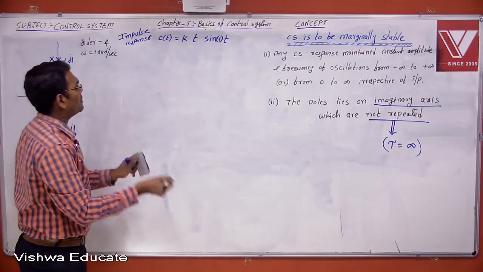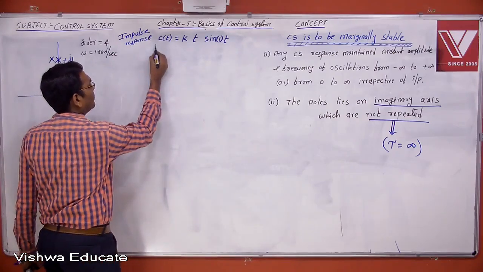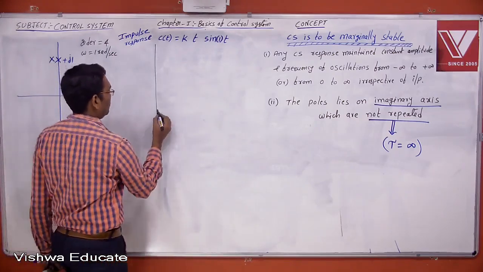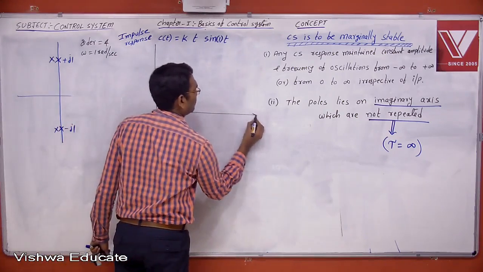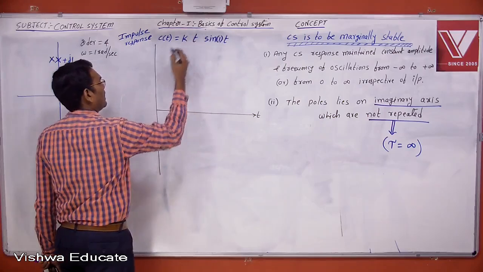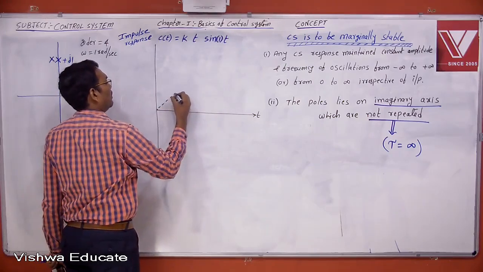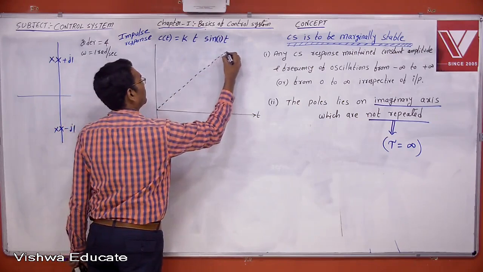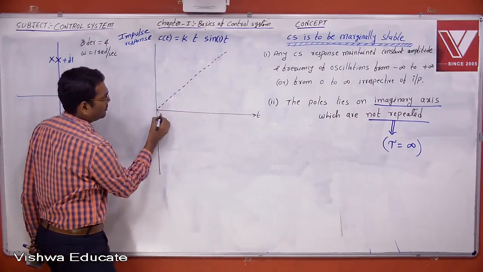Now what is the response? If you draw the response, now see here, with respect to time, forget about the sine term. This is the ramp, linearly varying, then its mirror image.